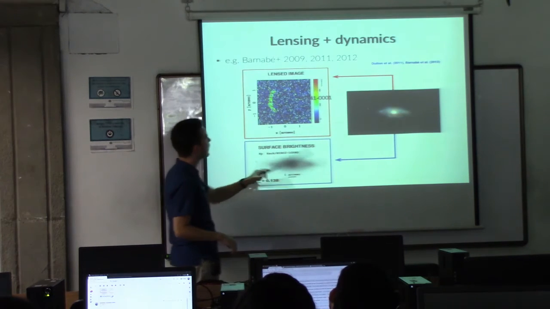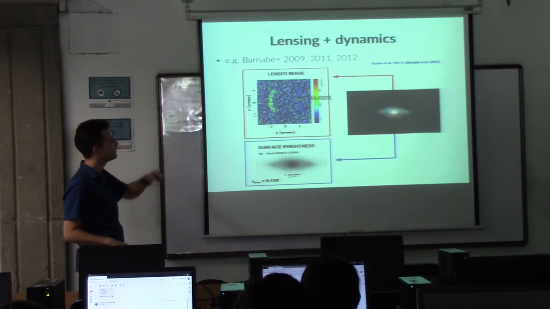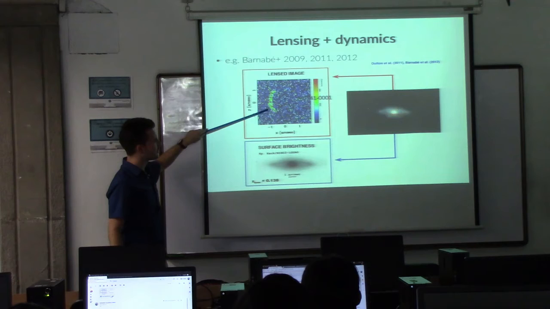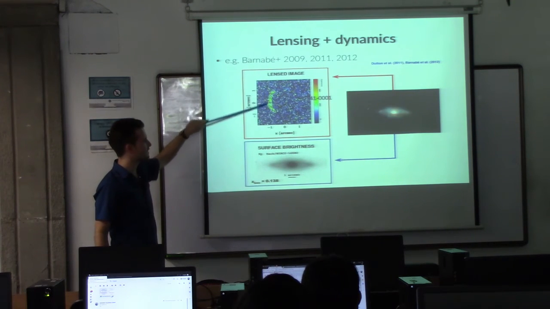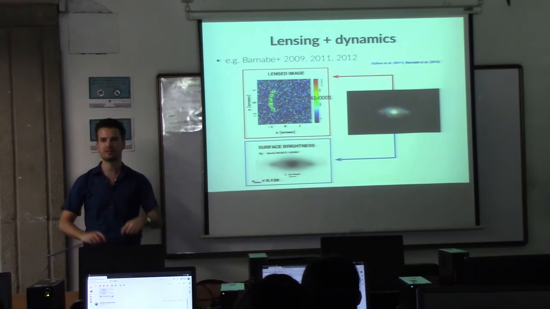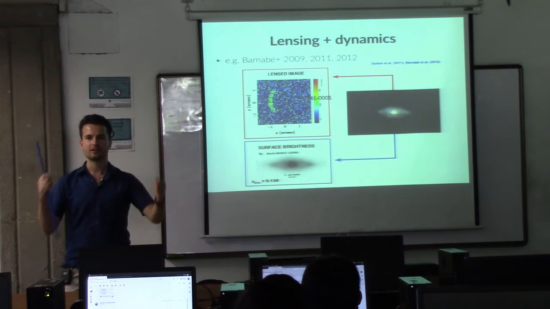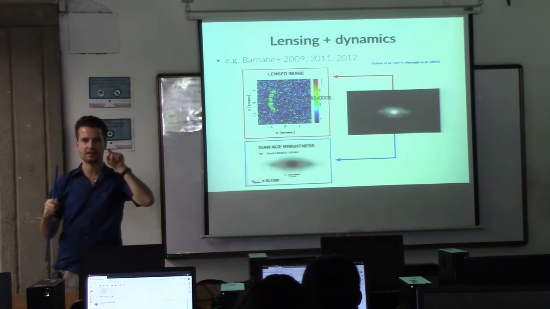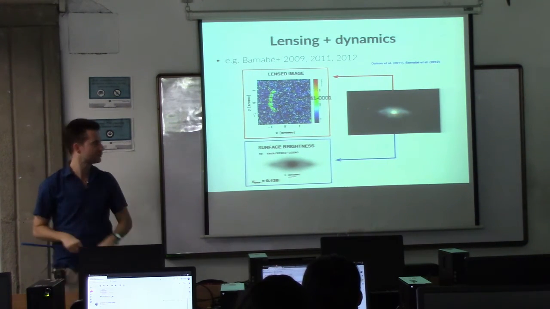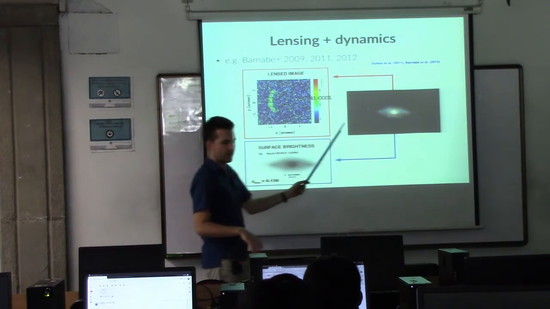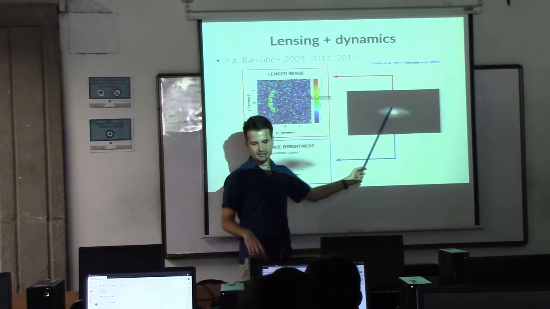So what they did in 2011, 2012 is use the lens image and then go to Keck, the big telescope in Hawaii, that has an integral field unit that takes a spectrum for each pixel of the image, and observe the velocity field of this galaxy.